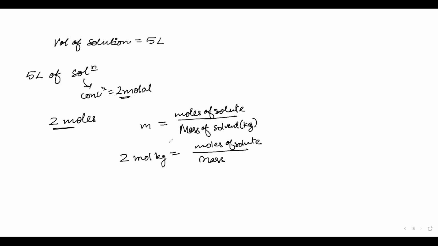I have been given that 5 liter of solution is there, so the moles will be constant. I can use this formula directly, but let us derive this formula first.